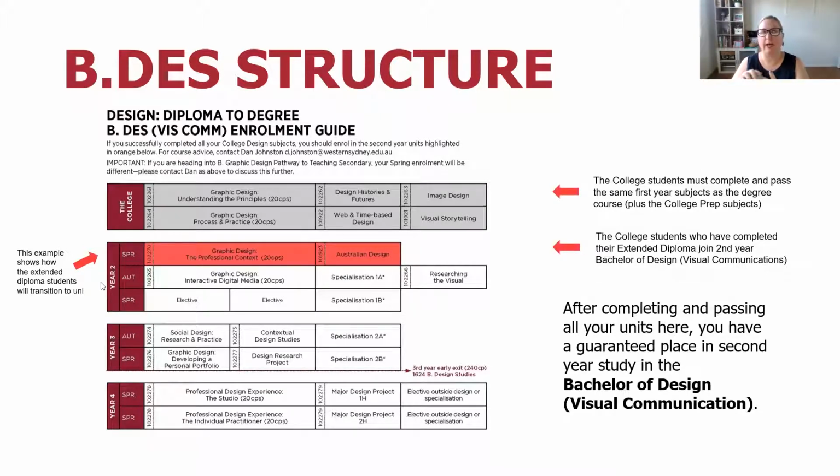And if you were an extended diploma student, you will go over to the university halfway through the year. So you would do that orangey, pinky, reddish line, and then you go on to the other ones. You get to do specializations and you get to do electives over at the university.